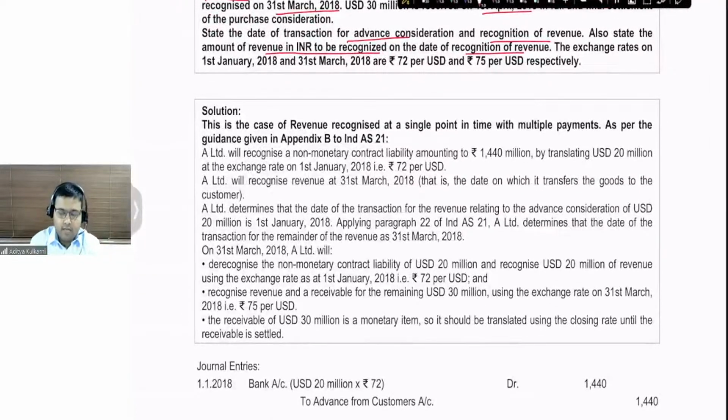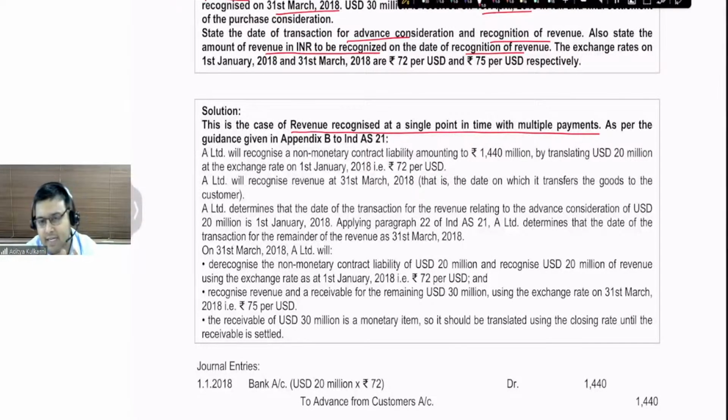Okay. So now, have you guys done Ind AS 115? Because for understanding this, we have a term known as revenue recognized at a single point with multiple payments. Ind AS 115 speaks about revenue recognized over time versus revenue recognized at a single point in time.